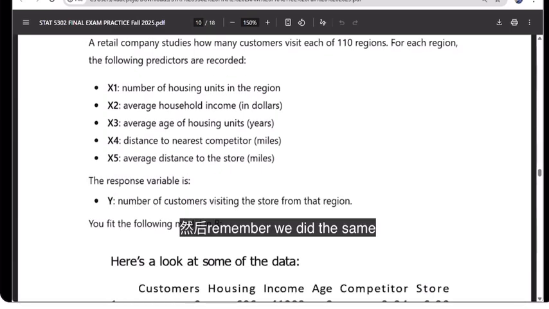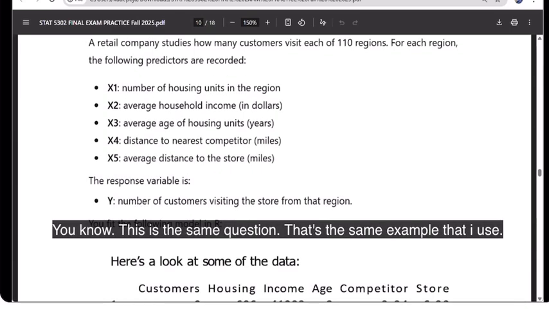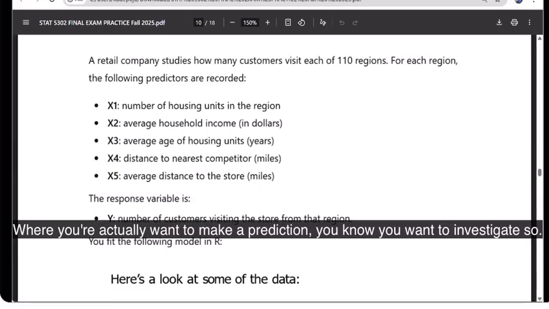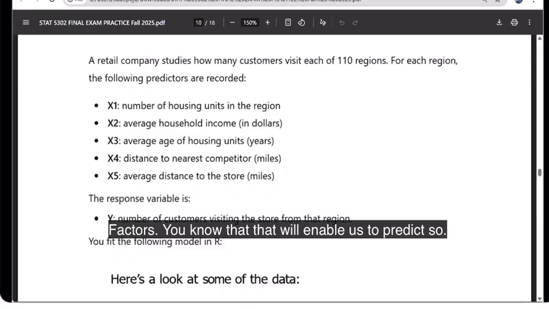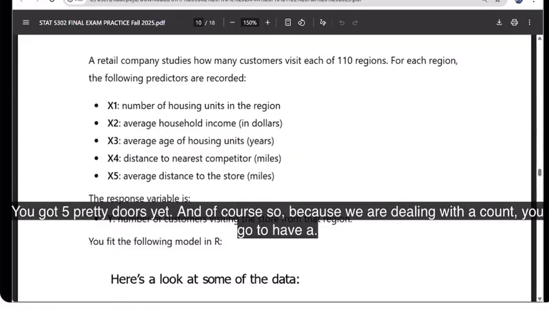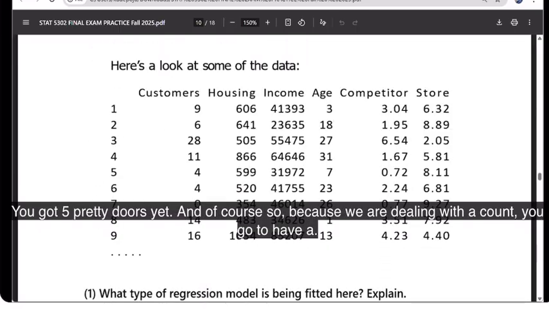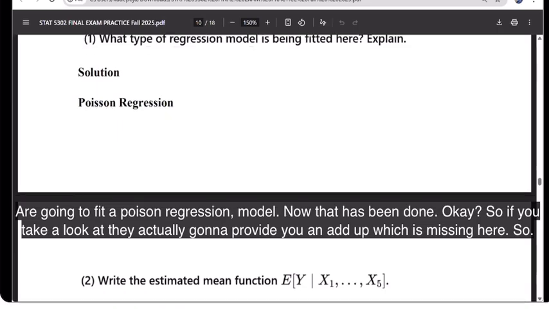I remember we did the same example, where you want to investigate what are the factors that will enable us to predict the number of customers visiting a store from a region. So you have five predictors here. And of course, because we're dealing with a count, you're going to fit a Poisson regression model. Now that has been done.